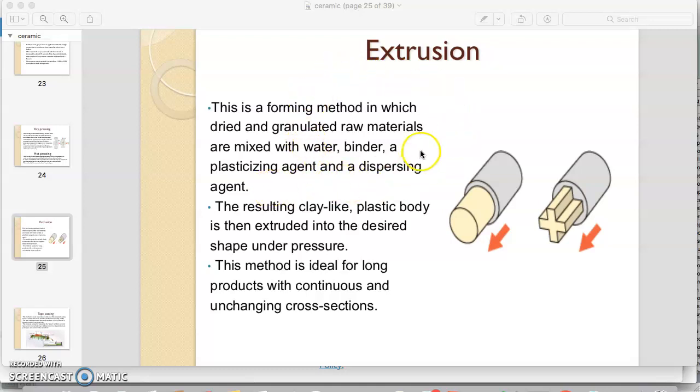The mixture is pushed or forced from behind the die, and it will come out from the die and follow the shape of the die opening. This method is used to produce a continuous and uniform cross section of the product.